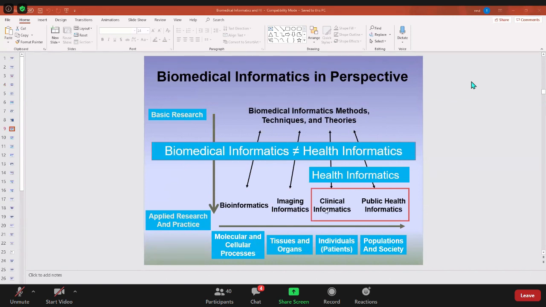So in terms of clinical informatics and public health informatics, they're very much looking at the individual, the patient, and also the population and society. Whereas bioinformatics is looking more at molecular and cellular processes, and imaging, of course, you look at the direct tissue and organ responses to certain things.